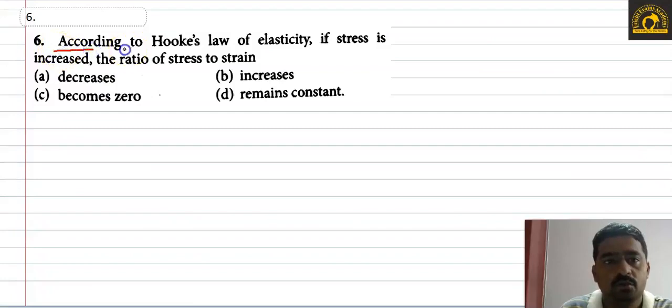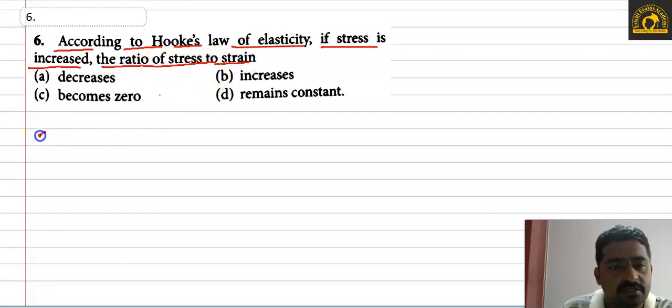According to Hooke's law of elasticity, if stress is increased, the ratio of stress to the strain. So let's see the solution. We know Hooke's law. So what is the Hooke's law statement?